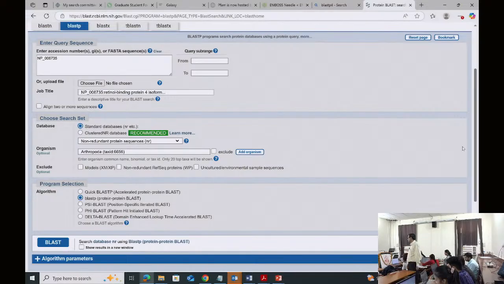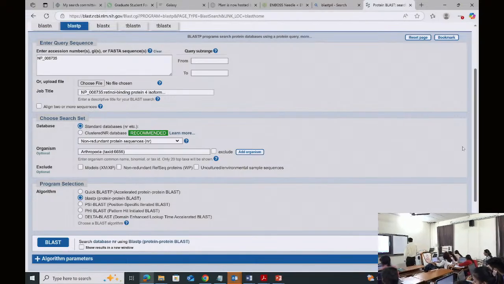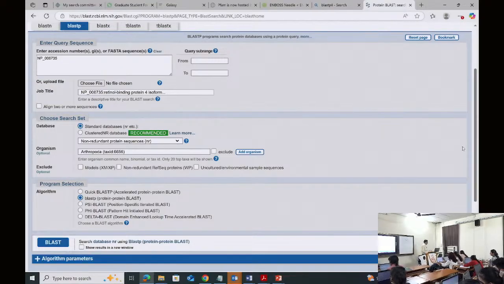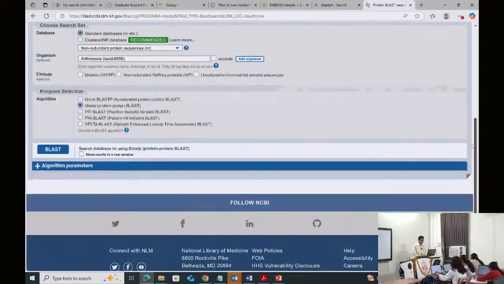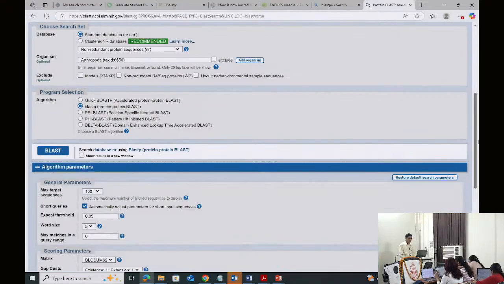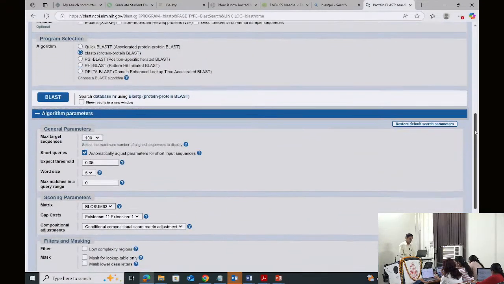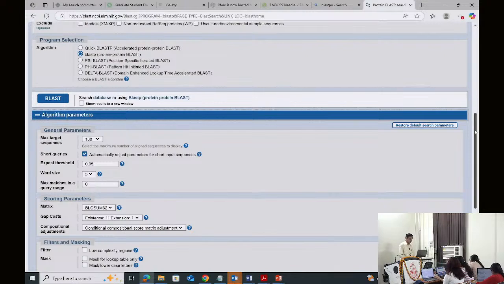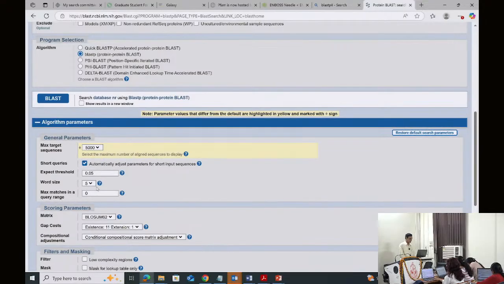Okay. So again, sometimes you will want to tinker with algorithm parameters. Here I am asking you how many hits, and of course you would want to when you want to address this problem. So you have to change from 100 to the maximum that you can have here.